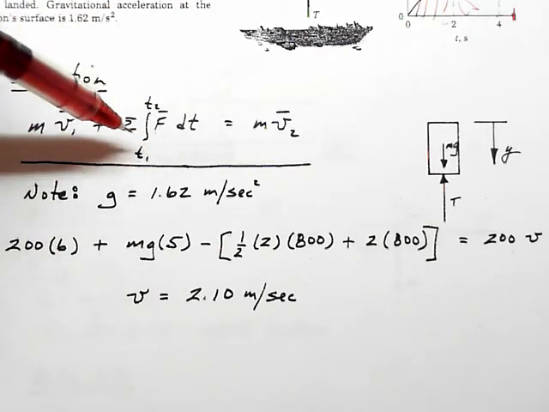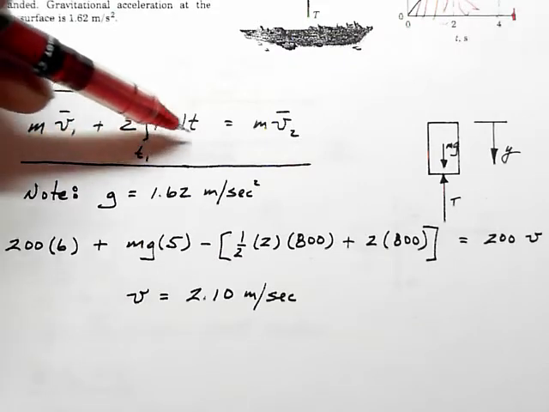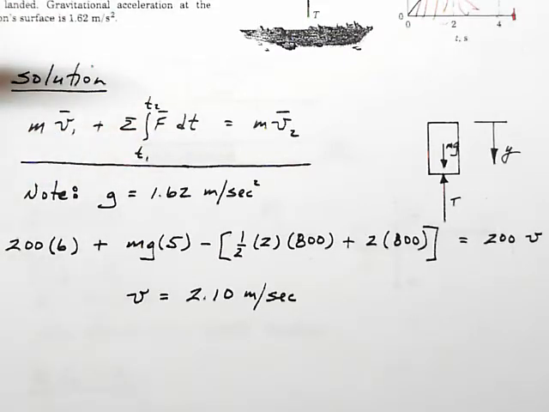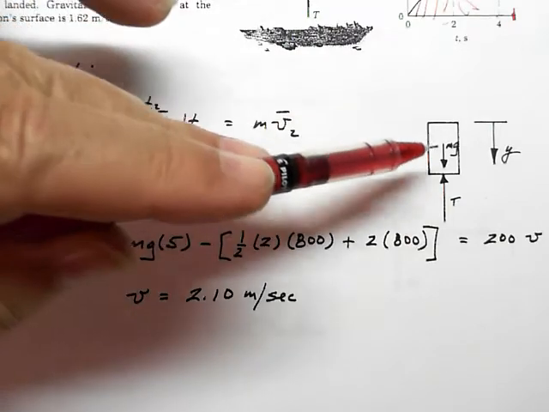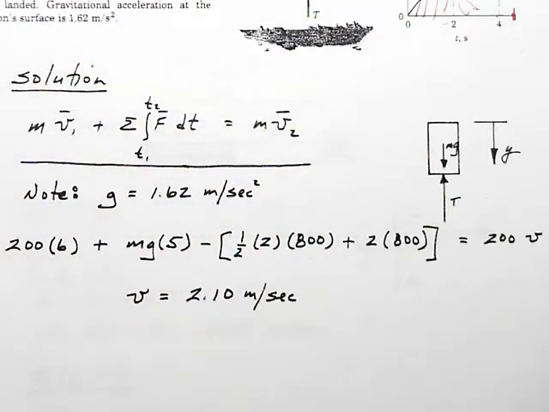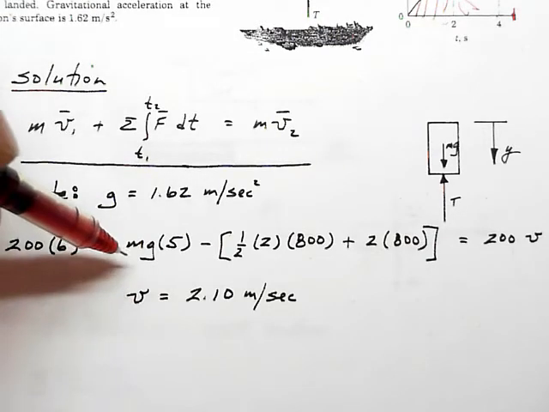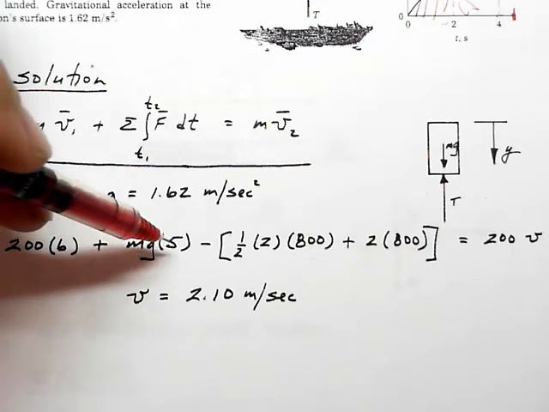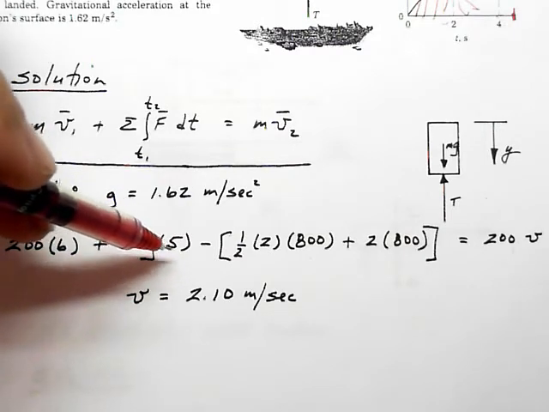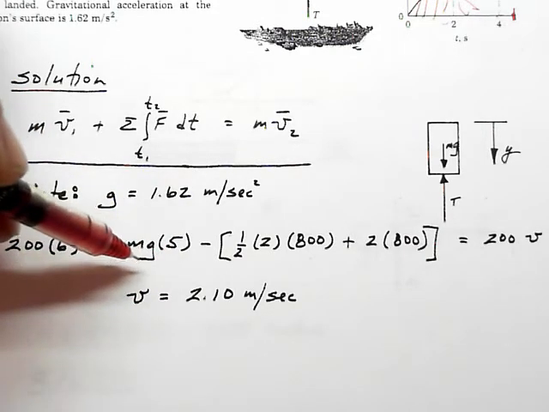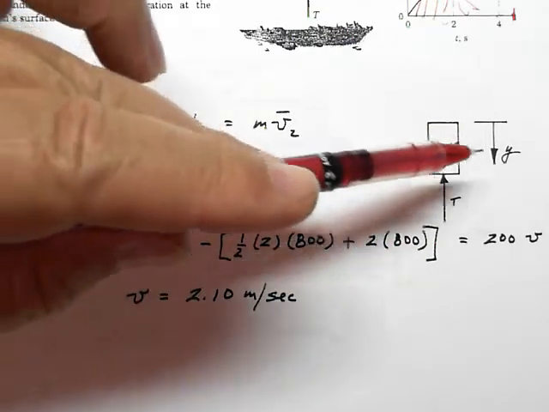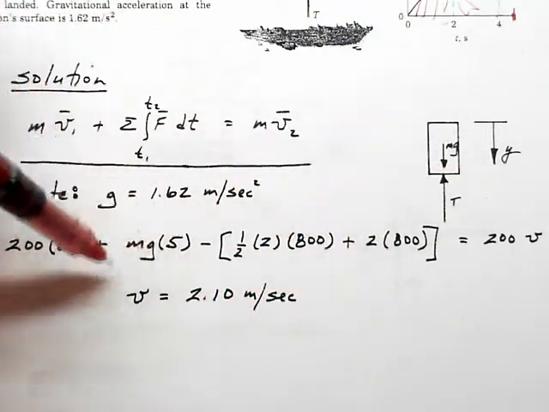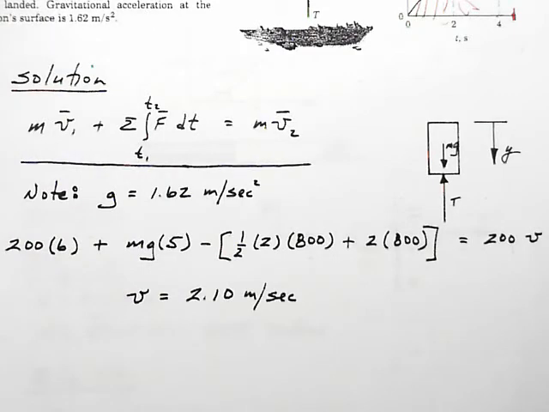And then we will have our summation of impulse integrals, and we're going to have 2 of them because we have an impulse due to gravity, but that's a constant. So integrating a constant over time is merely the value of the constant times the difference in time. Okay, so a 5-second time interval for gravity acting the entire time, and gravity acts down, positive is down, therefore it gets a positive sign.